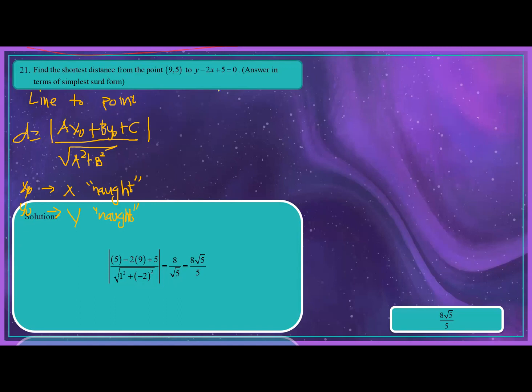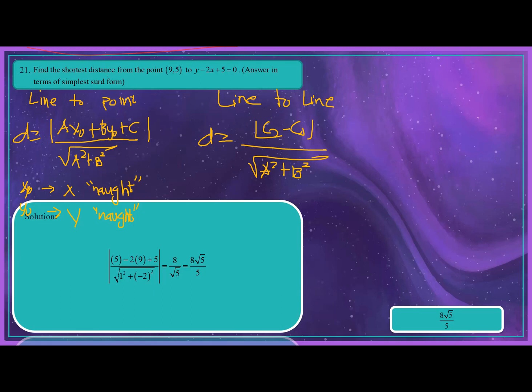Next is line to a line. We have d equivalent to c2 minus c1 over square root of a squared plus b squared. If you don't know this, just copy.